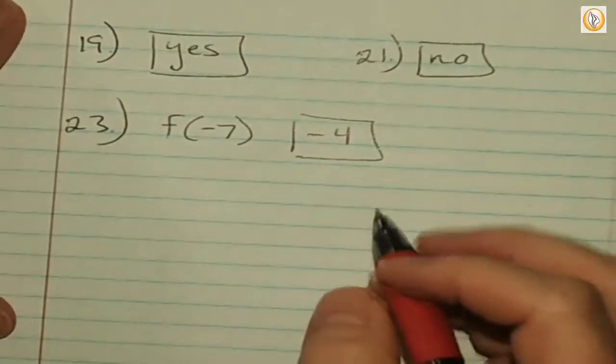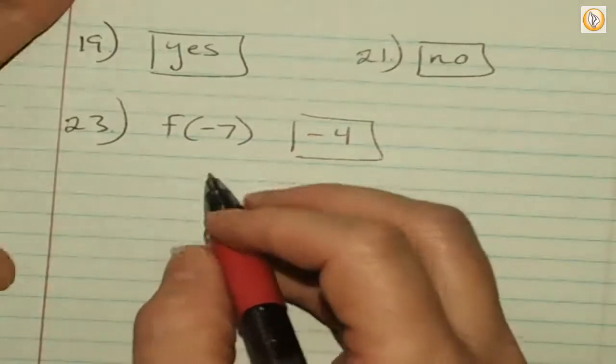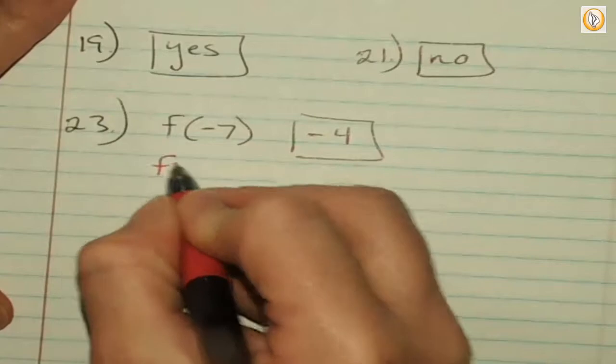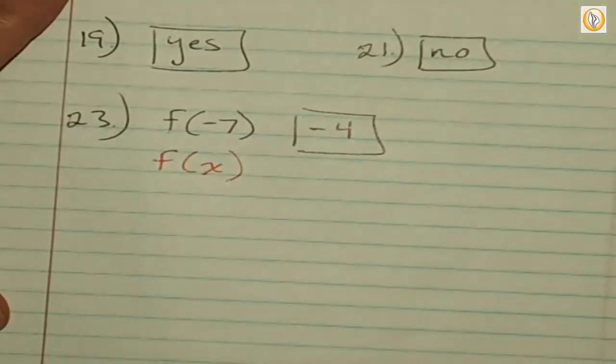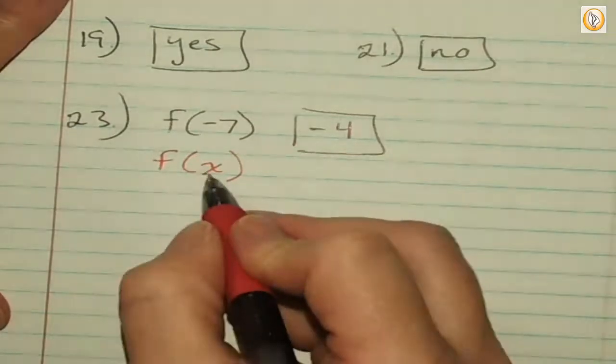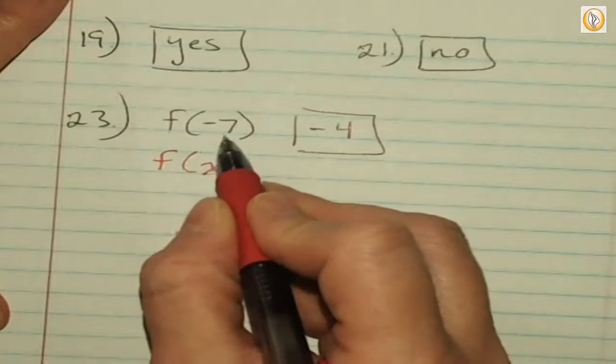Raise your hand. It gives you the ordered pair. I've got to explain that. Okay, boys and girls, you notice that it's normally written like this, right? Correct? Yes. Okay, so what they've done is replace that x with the -7.